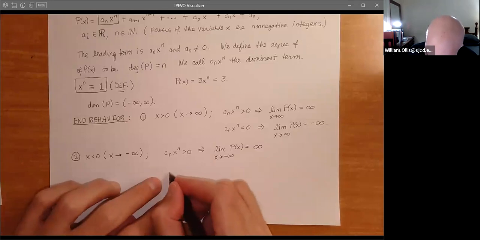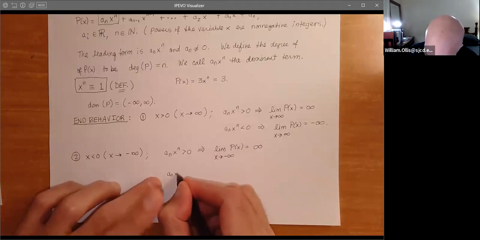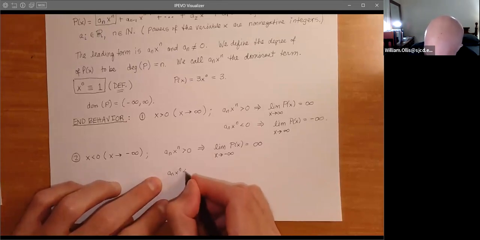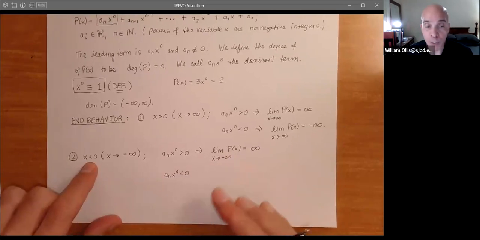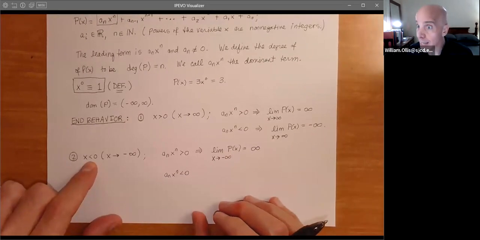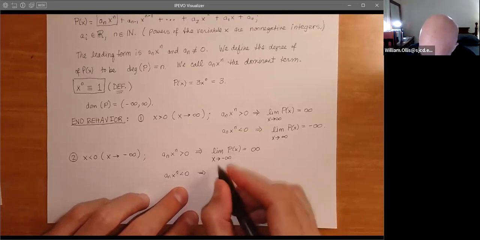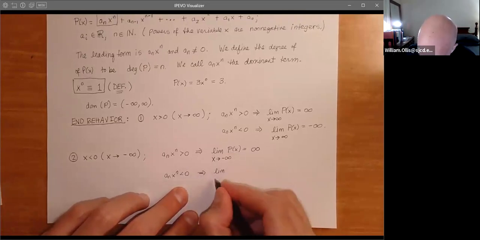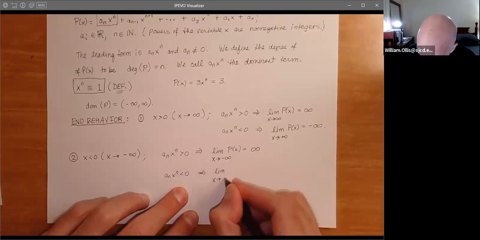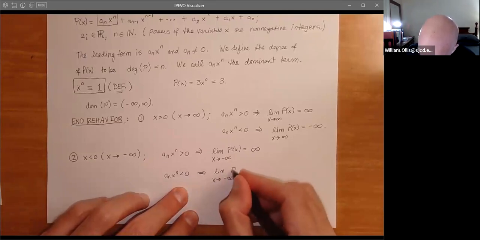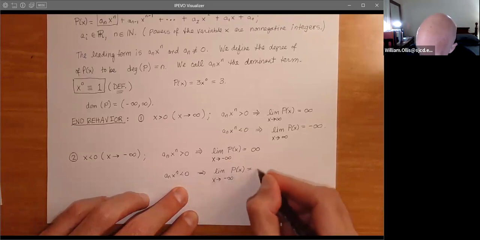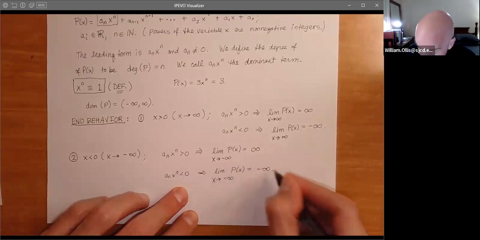Now, of course, if the leading term is less than 0, when we substitute an x less than 0, then this implies that as x approaches negative infinity, becomes arbitrarily small, then the output does likewise.